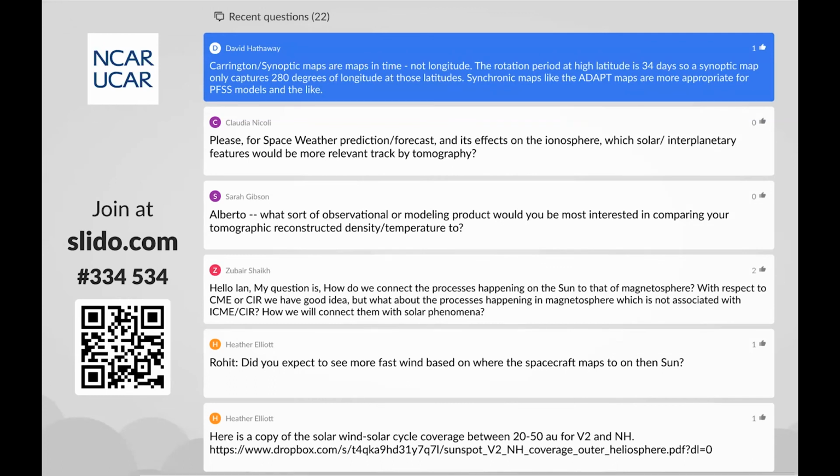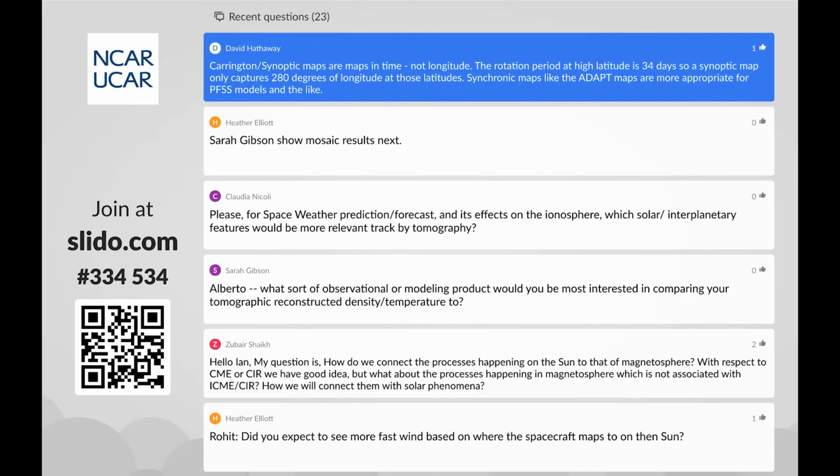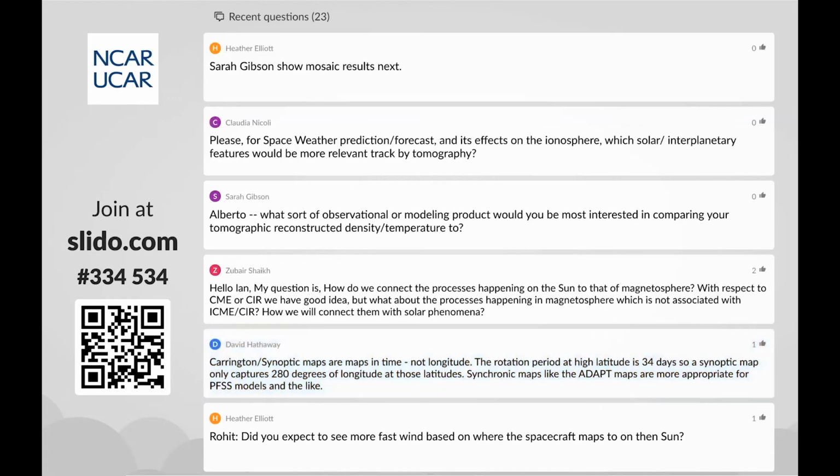So I'm assuming that most people know that if you're doing some sort of mapping of the surface field into the heliosphere, you need a synchronic map. Maps like what are provided by ADAPT and other people that do surface flux transport to move the flux around appropriately and to capture all longitudes at all latitudes. So it's just a comment.